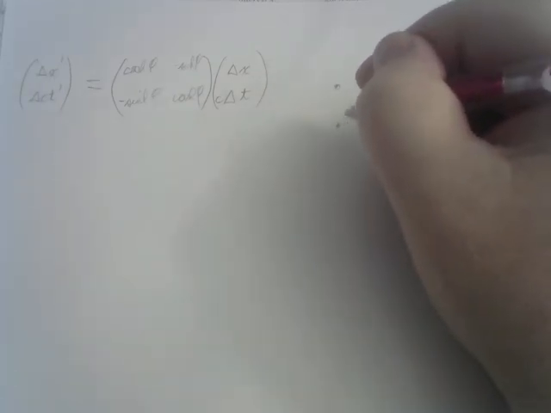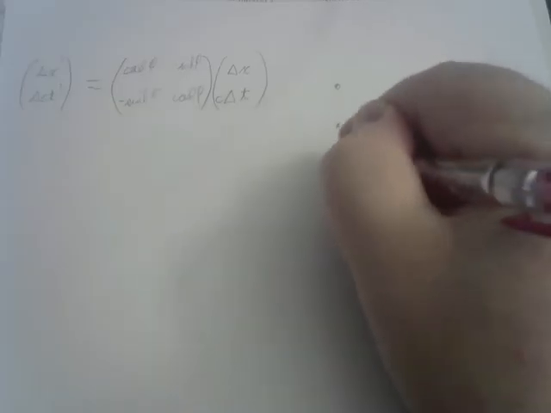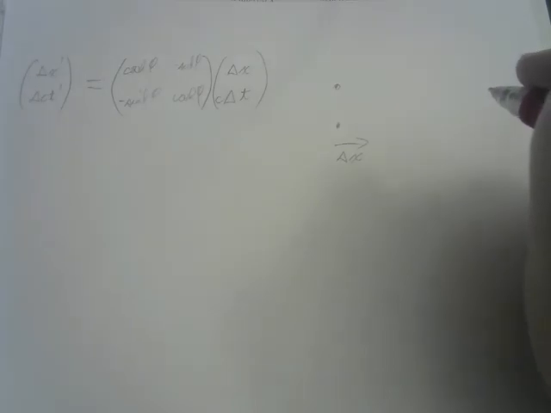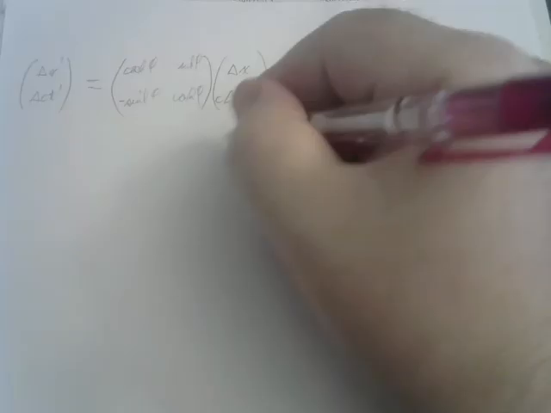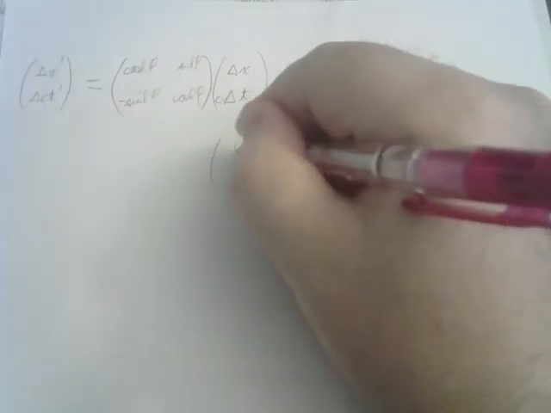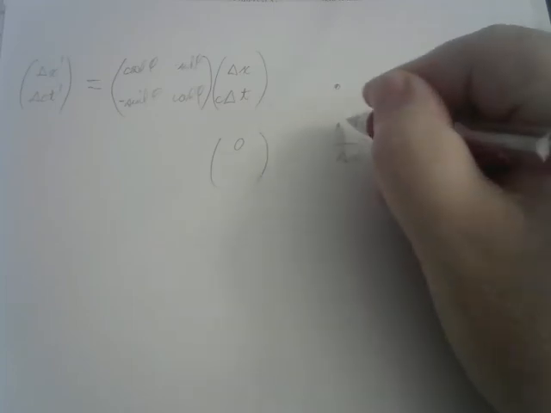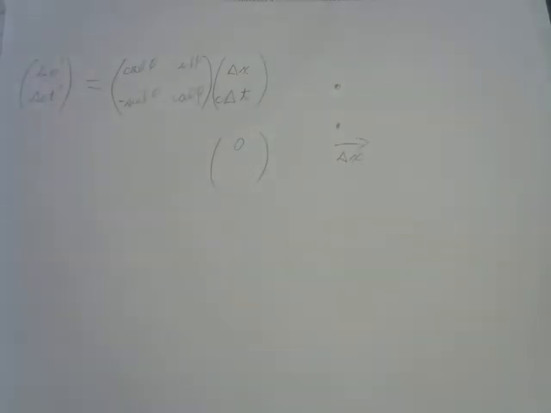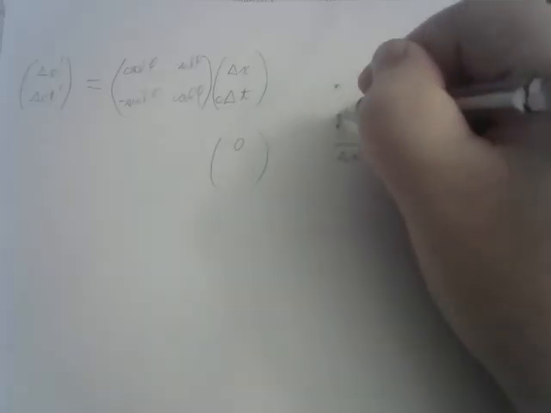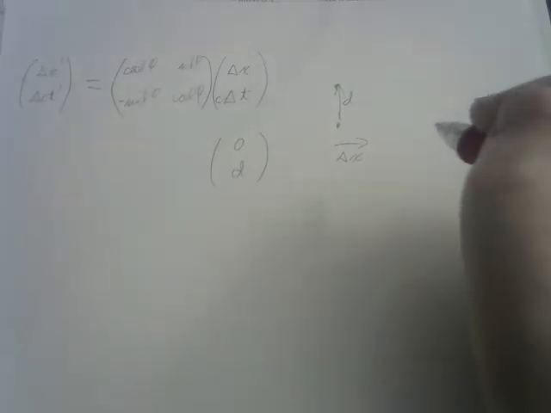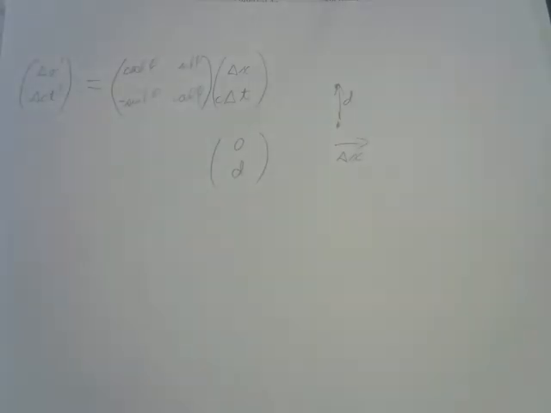So what is the delta x between those two events? The delta x here is going to be 0 because the train is not moving in that direction. And c delta t is d. So this is what we're going to plug into the equations.